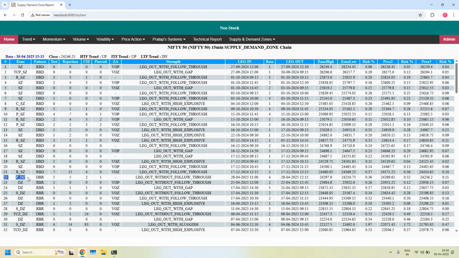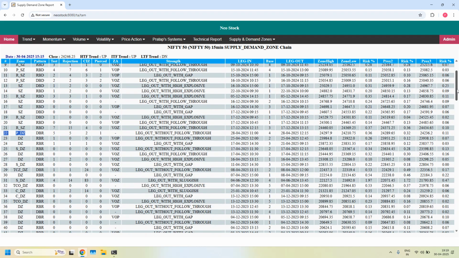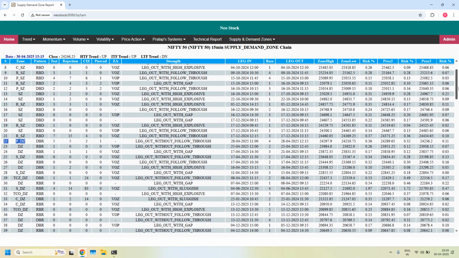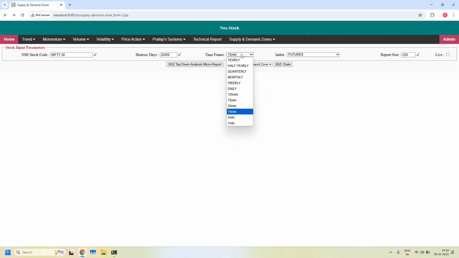Serial number 22 is the nearest demand zone to the current closing price, and serial number 21 is nearest supply zone. So let me put them in the middle of this screen. Next, generating 5 minutes supply demand zone chain for Nifty.